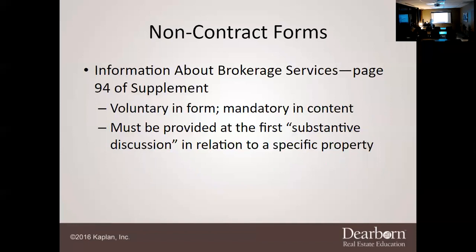Now the next form, again, a lot of people don't deal with this form. They think, well, I don't need to send this form out. So what happens in this particular situation is a lot of agents kind of put the consumer protection notice and this form up here, the information about brokerage services, to the wayside.